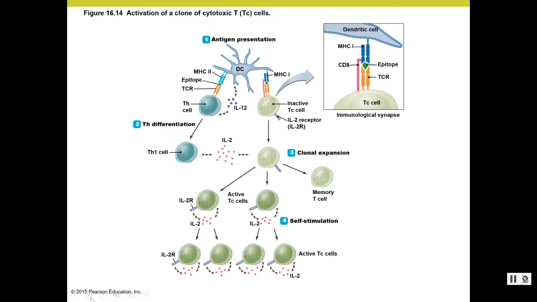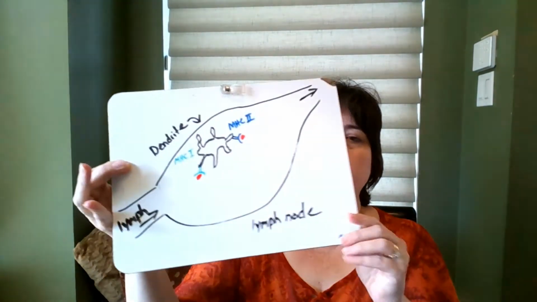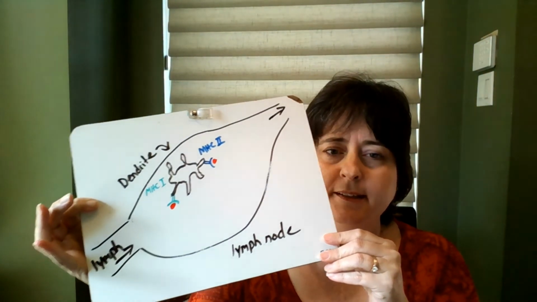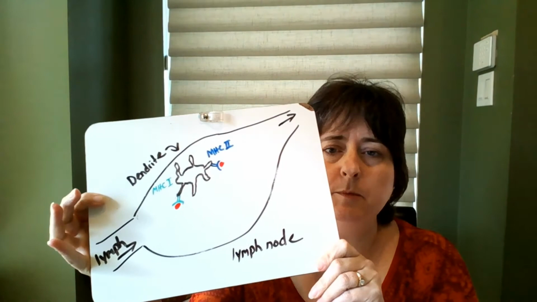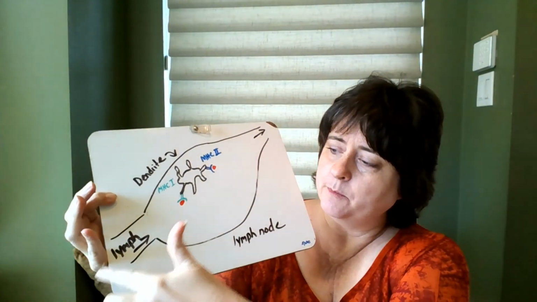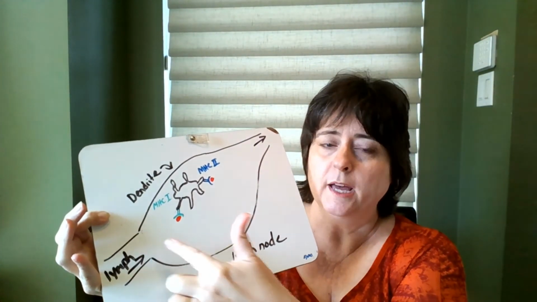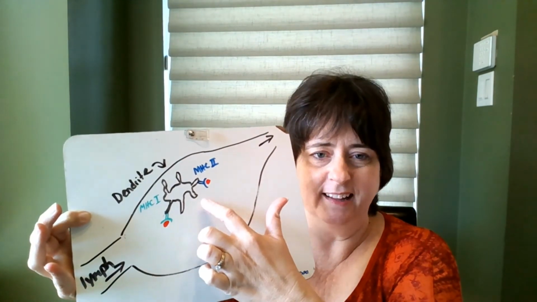So let's go to the picture because that's more fun. Let me do a drawing first, and then we'll come back to this one. I have drawn a lymph node here. This is part of our lymphatic system. Lymph fluid is moving through, and I have a dendritic cell, a dendrite.